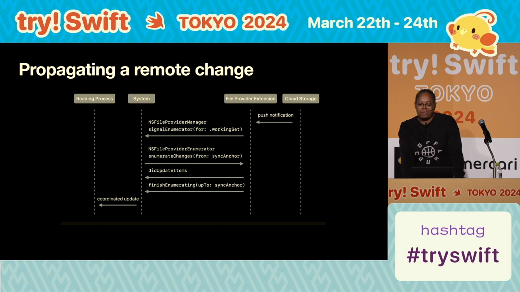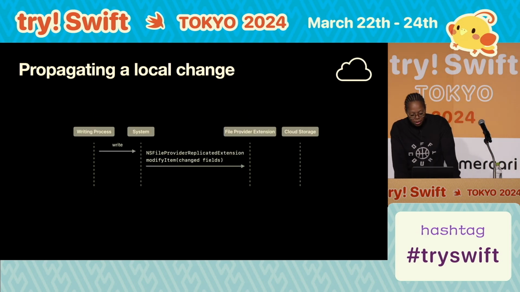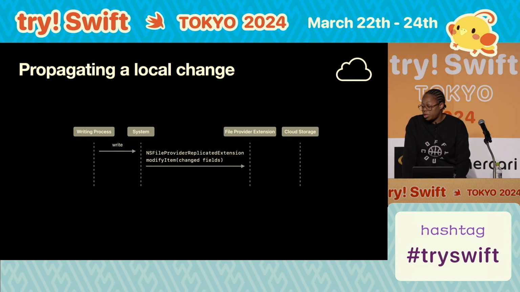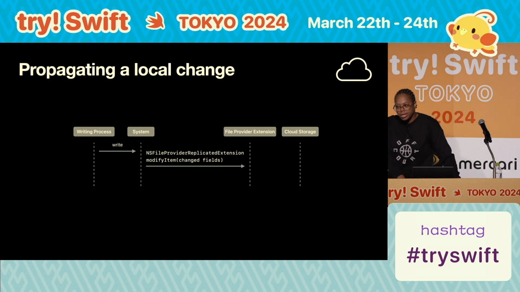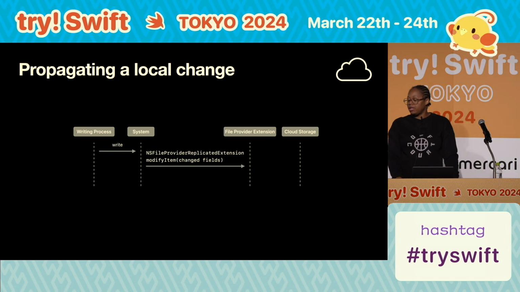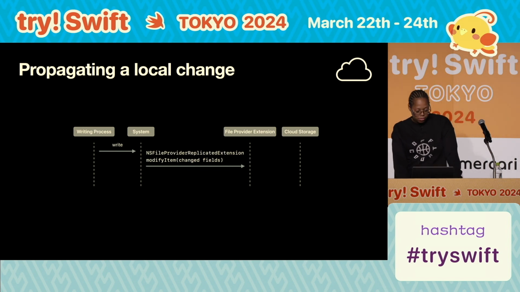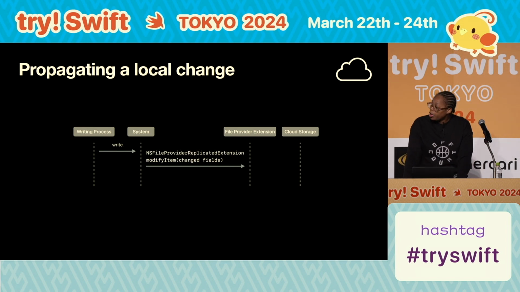Local changes are simpler. The system will detect the local changes and call modifyItem if you want to modify, create, or delete on the extension. You will pass the exact set of fields required for the changes. In response to that modifyItem call, you will update the item server side.